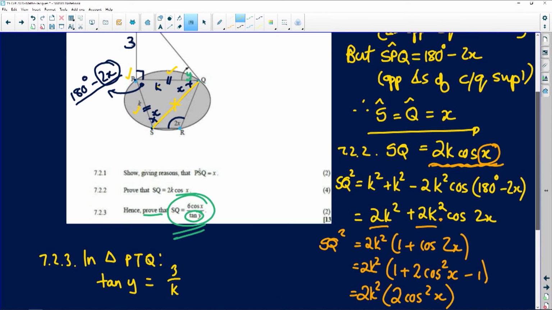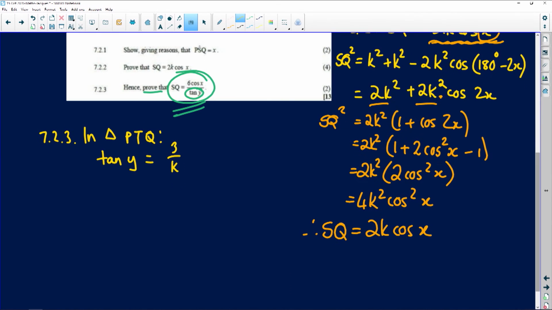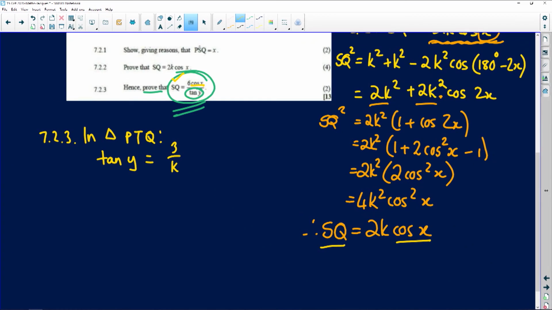And that is because I have a right-angled triangle. Now, if we look at the answer, it contains a cos of x. There's our cos of x. And we want SQ, and there's SQ. So the only thing for us to do here is to get rid of the k. There is no k in the answer. That's the point here. Okay, so if we get rid of k, there we go.